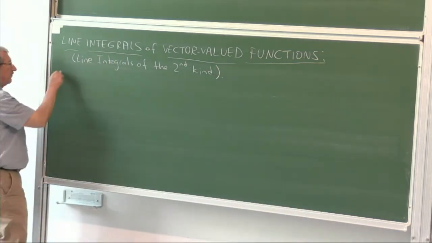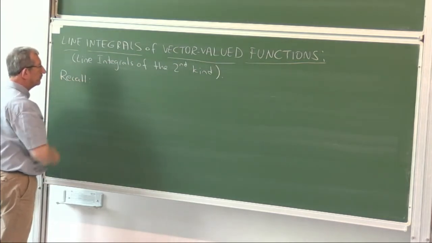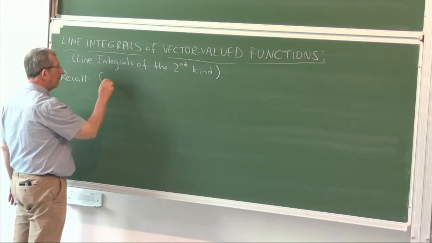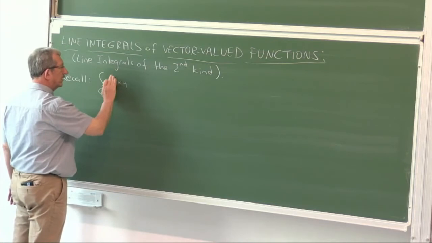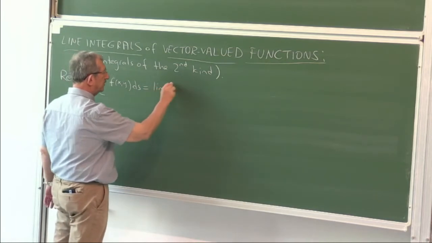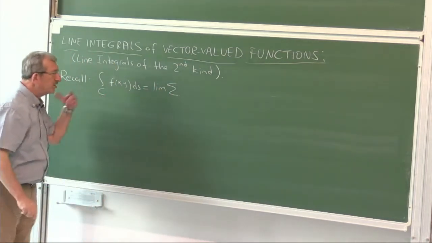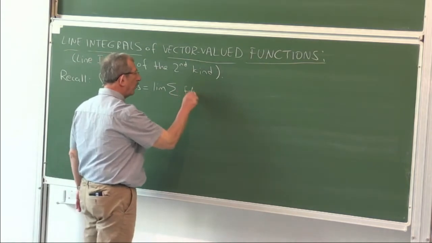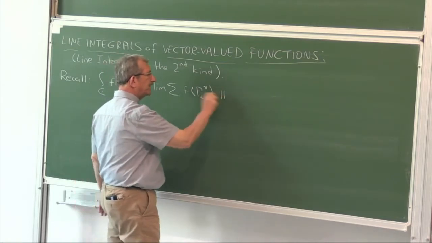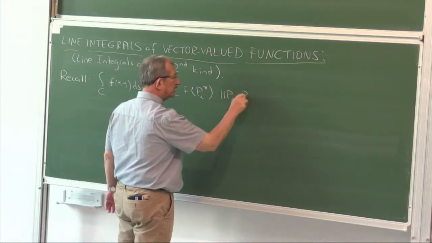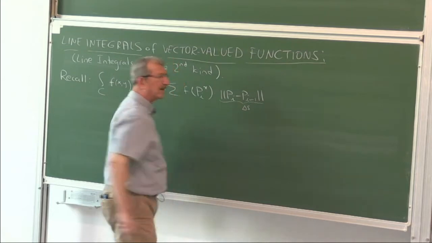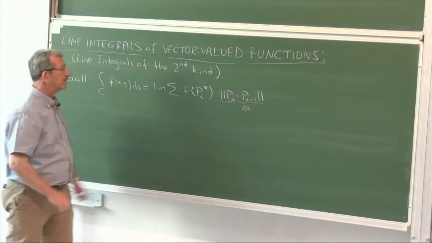Well, the idea was the following. Let us recall. The integral over a curve C of a function f ds was defined as the limit of, okay, we took a partition of C, so we had points Pi, and we multiplied this with the Pi minus 1 Pi length, which we showed as delta S, the arc length distance.